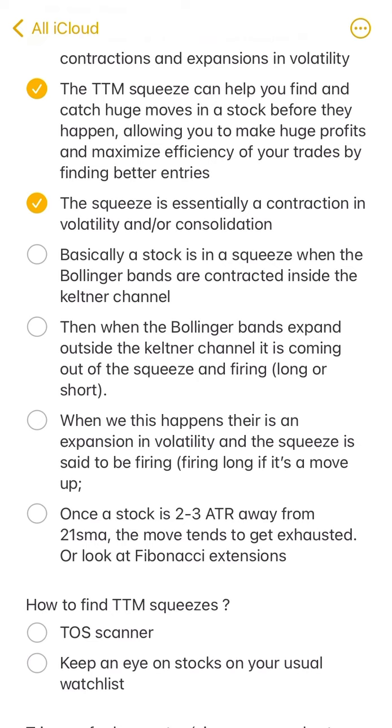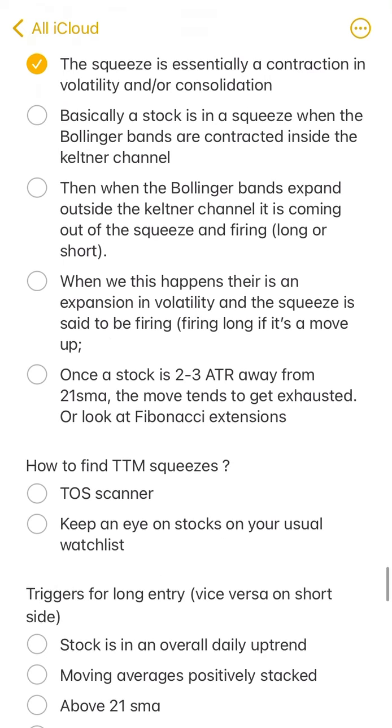A lot of times you'll see on the chart that it's consolidating sideways, and you'll also see that the TTM squeeze is on, right? And then once it expands out of that consolidation, the TTM squeeze tends to fire long, right? So they kind of go in tandem.